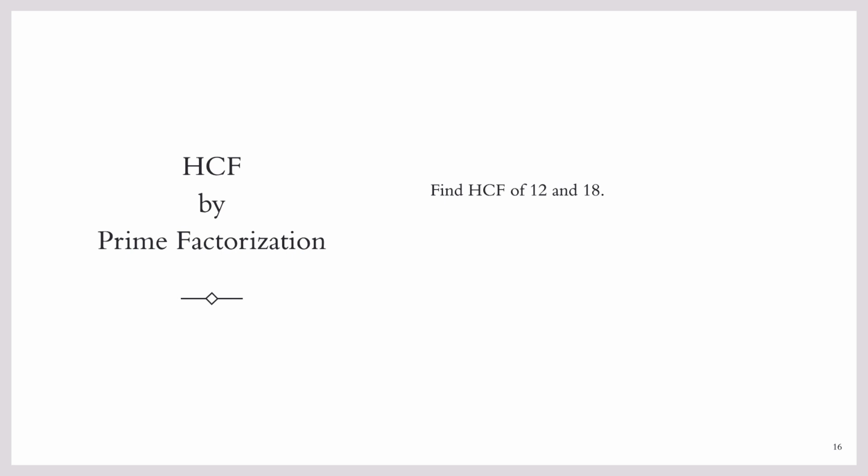To calculate highest common factor by prime factorization, we have to find the common prime factors. For example, if we are calculating the HCF of 12 and 18, we write them in their prime factors, and then we find the common numbers that appear in both the prime factors. In this case, we have 2 and 3.